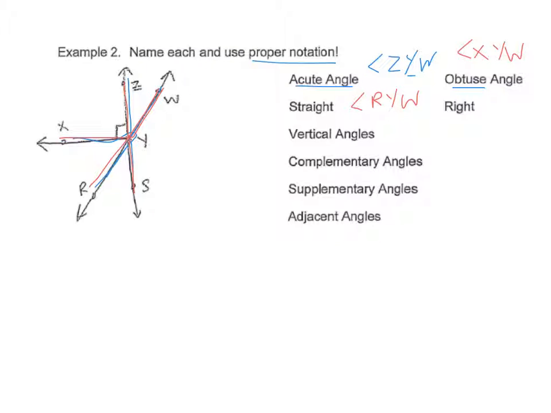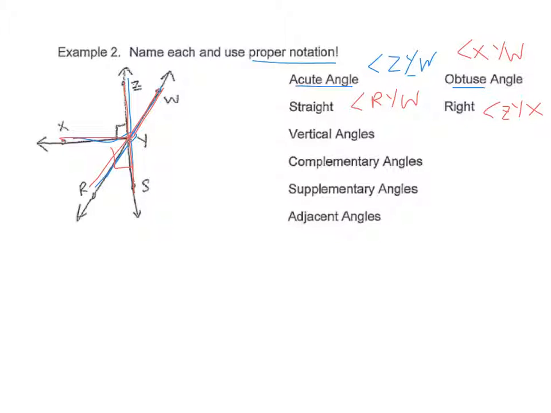A right angle is a 90-degree angle. Angle ZYX makes a 90. You could also have said XYS has to be 90. Vertical angles are when you have two intersecting lines, and the opposite angles are congruent.